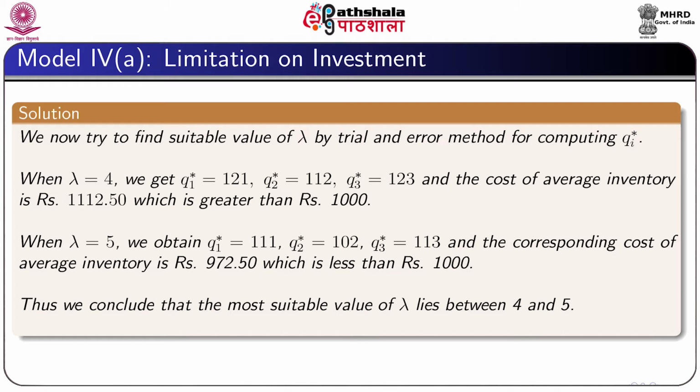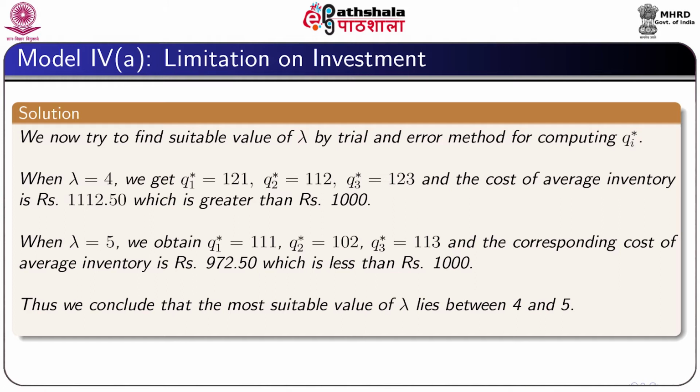Now, we see that when lambda equal to 4, q1 star equal to 121, q2 star equal to 112 and q3 star equal to 123, and the cost of average inventory is rupees 1112.50, which is greater than rupees 1000.